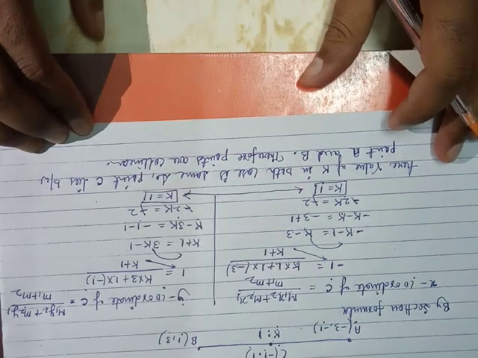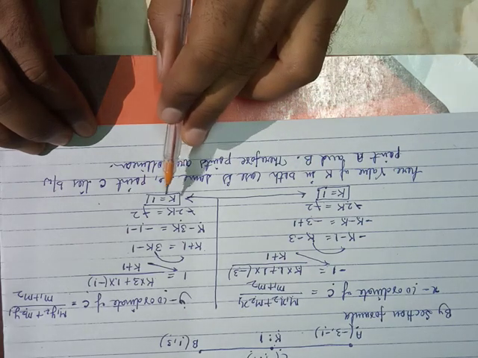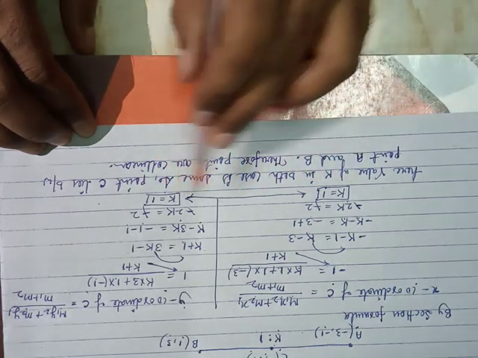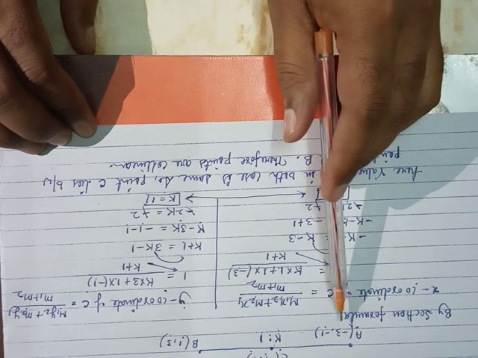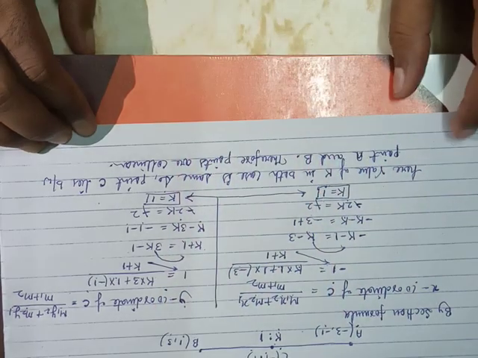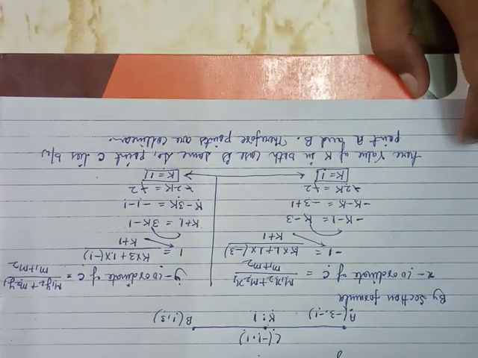Now you can see that when you get the value of k the same in both cases, that means the 3 points are collinear. I hope you can understand.